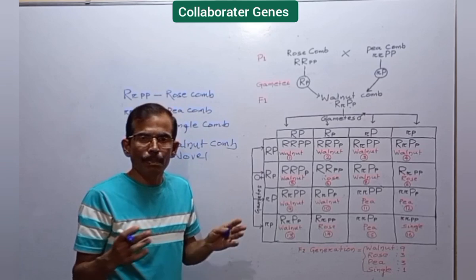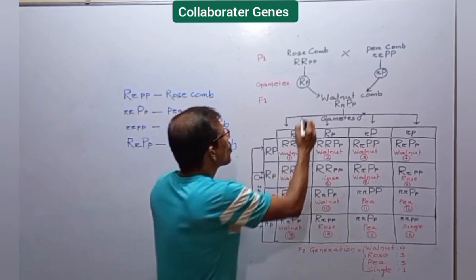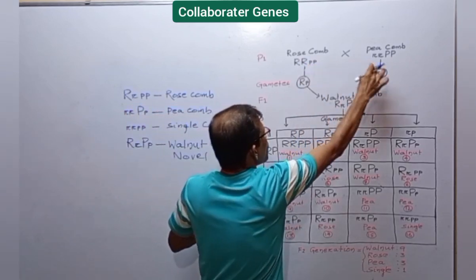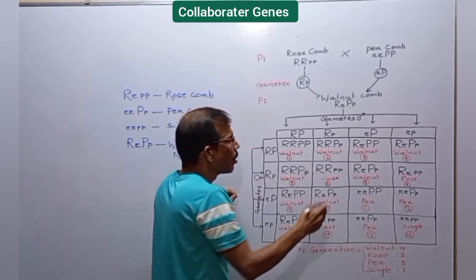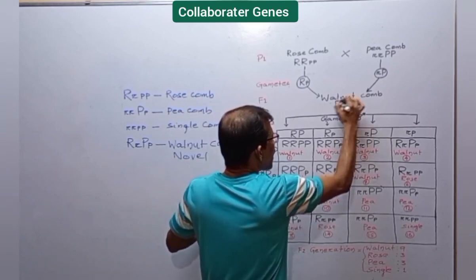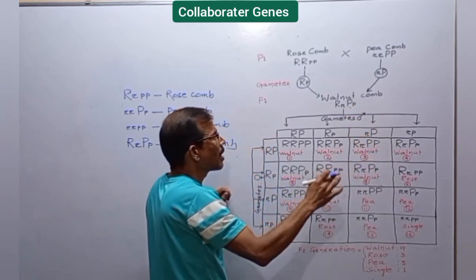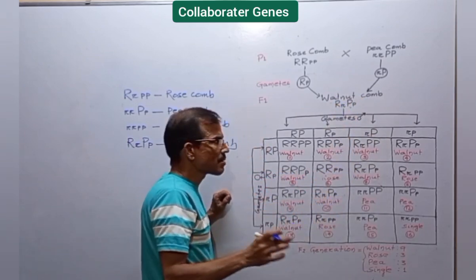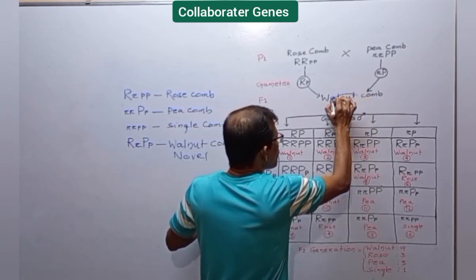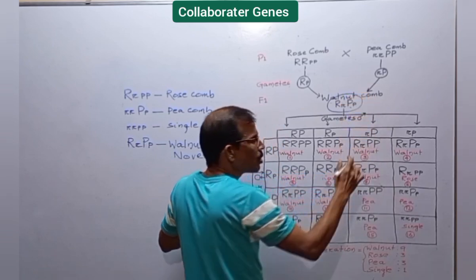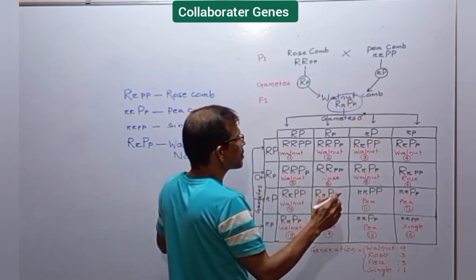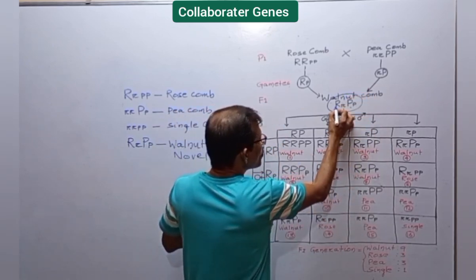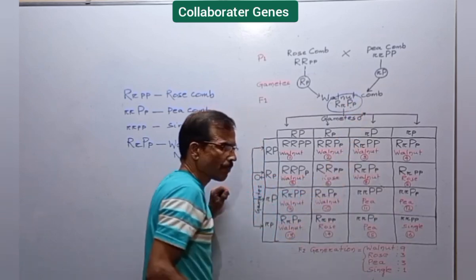When Bateson and Punnett crossed rose comb Wyandottes with pea comb Brahmas, all F1 chickens had yet another comb type known as walnut comb. As previously mentioned, walnut comb is the novel phenotype which developed due to the interaction between the rose comb gene and the pea comb gene.